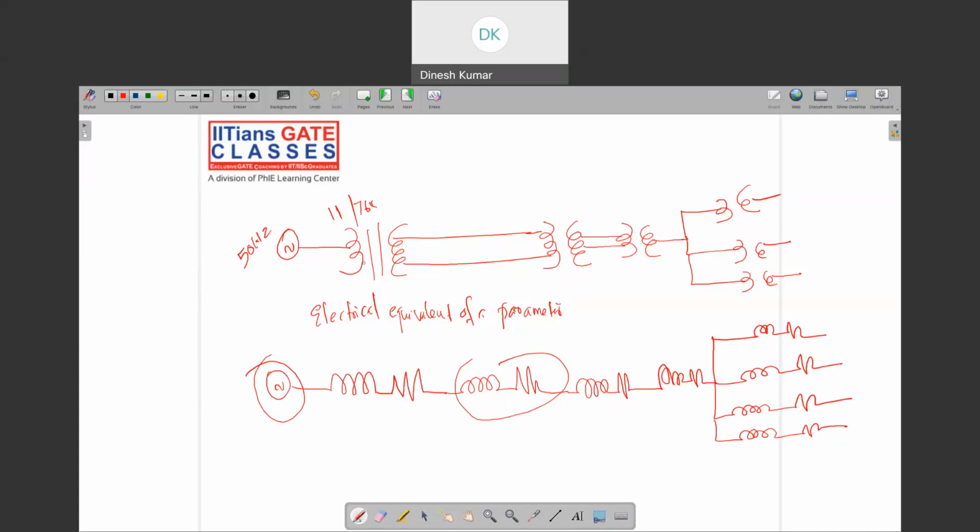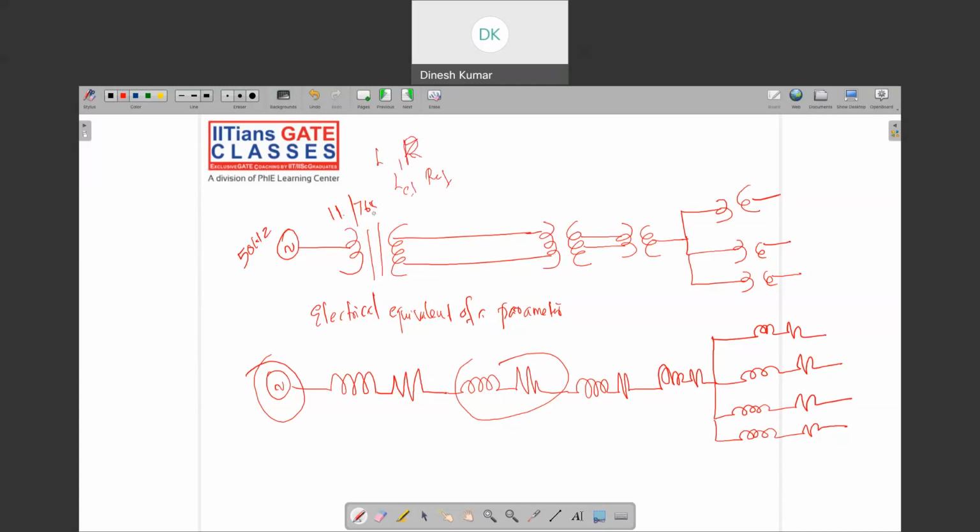Now the great confusion will come, because should we refer the R and L effective of this transformer to primary or secondary?